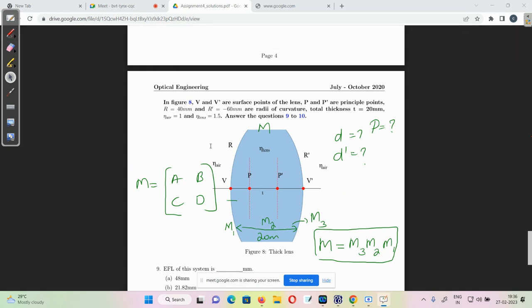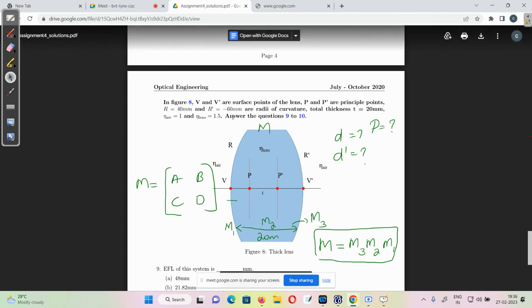So what are the parameters they have given? R is equal to 40 millimeter, R prime is equal to minus 60 millimeter, the radii of curvature. The thickness is 20 millimeter and the refractive index is equal to 1.5. Let us see what Oslo is doing.